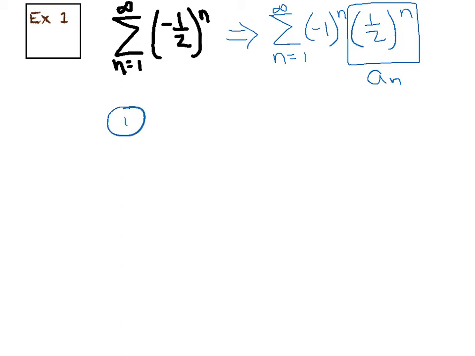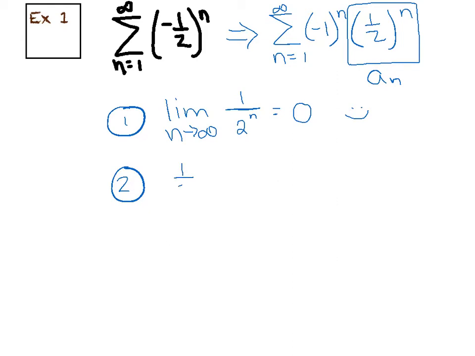And the first condition is we're just going to take the limit as n approaches infinity of that term. In fact, I'm going to go one step further and write it as 1/2 to the nth power, just so you can verify that it truly is small over large. And because it's small over large, the limit equals 0, and we put a little smiley face there. That's a good thing. And number 2, we want to verify that the n plus 1 term, which would be 1/2 to the n plus 1 power, is less than or equal to the nth term itself.